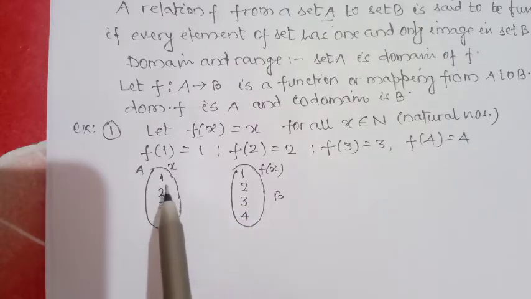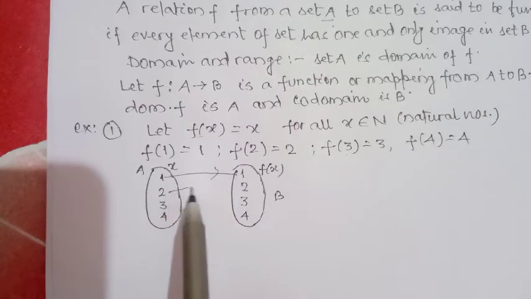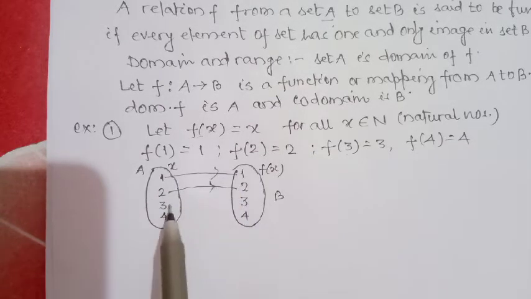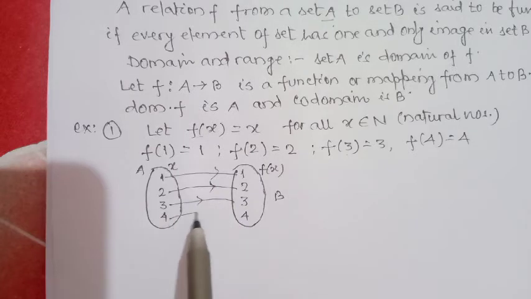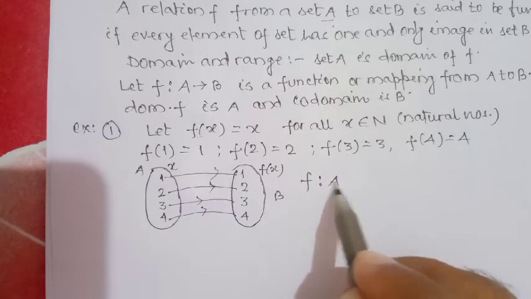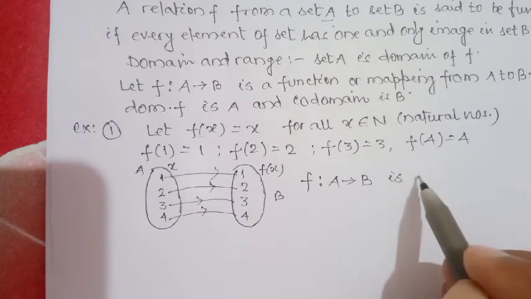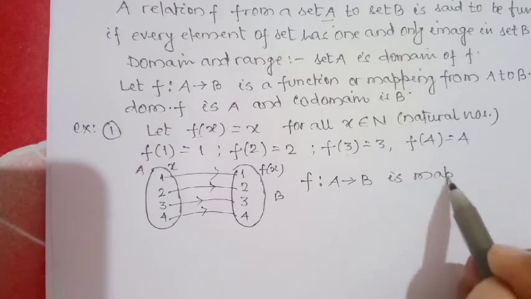The value of 1 goes to 1, 2 goes to 2, 3 goes to 3. So this is called a function, or f from A to B is a function or mapping.